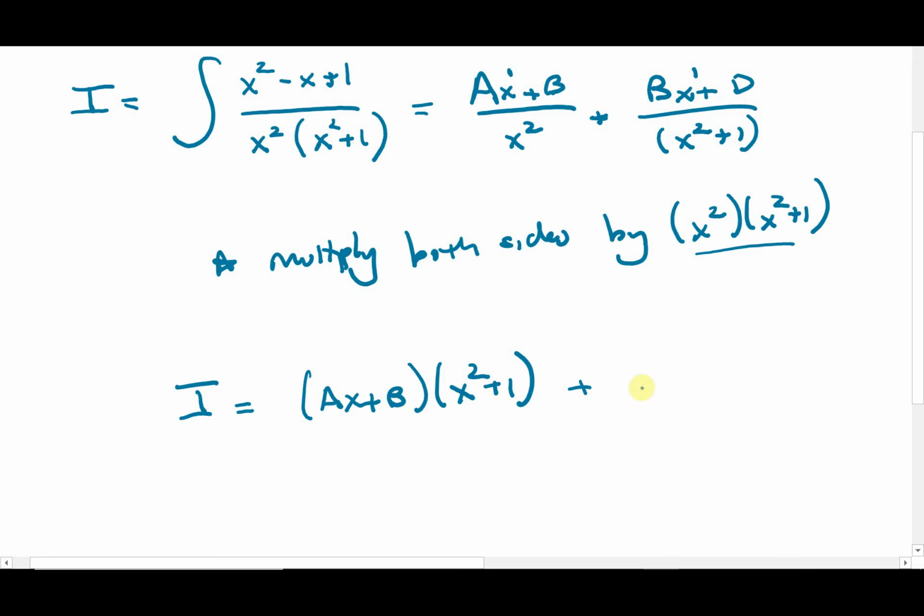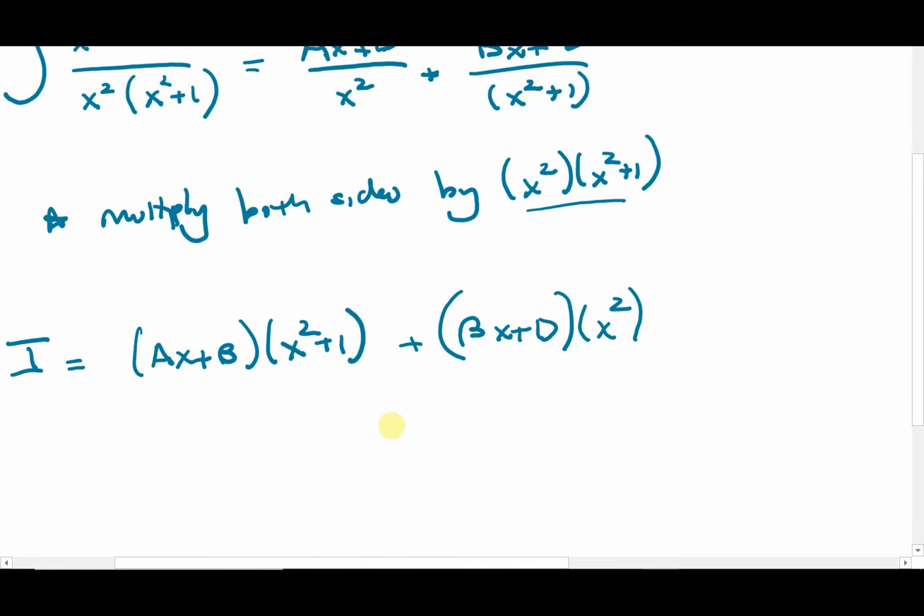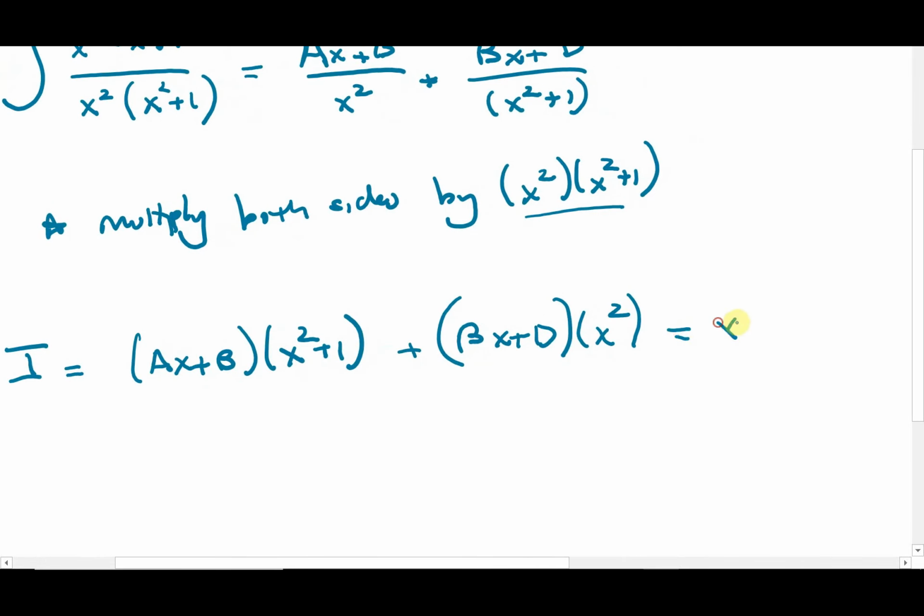Okay, that works. And then the x squared plus 1 cancels out when we multiply, and we're left with cx plus d times x squared. And we know that this whole thing equals x squared minus x plus 1, which is the numerator.